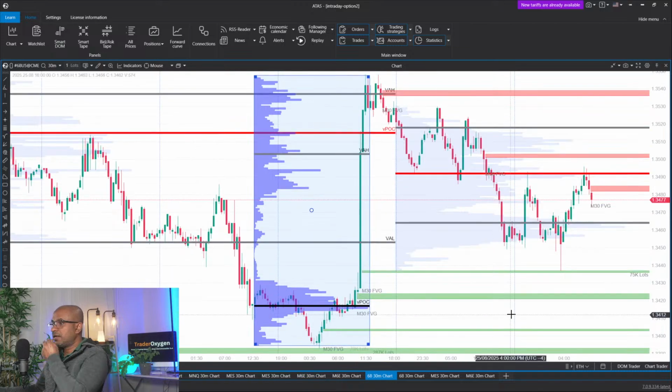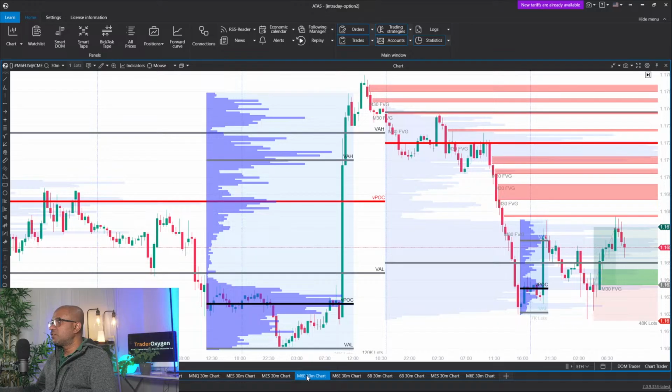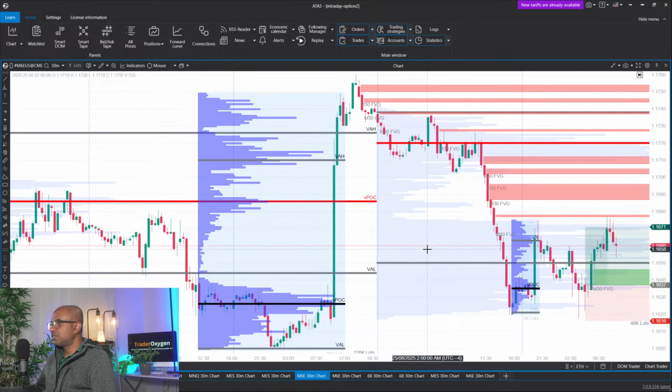Whereas if you look at the GBP FX futures, you can see that high volume over here, but the price came towards that but didn't touch this high volume node formed over here. So that is why we chose the Euro FX futures to take the trade.